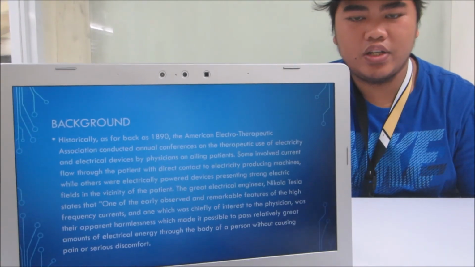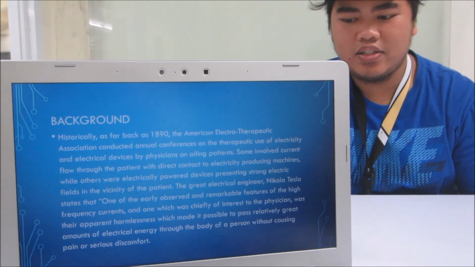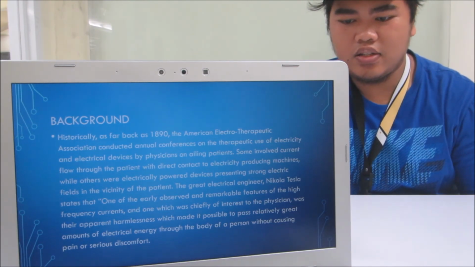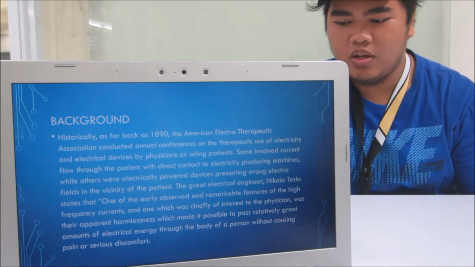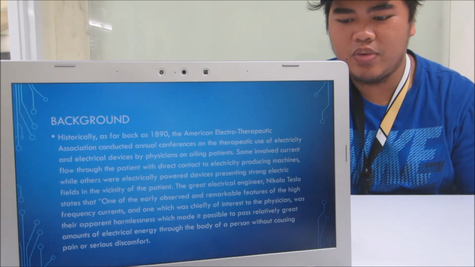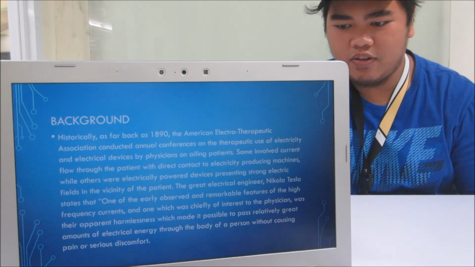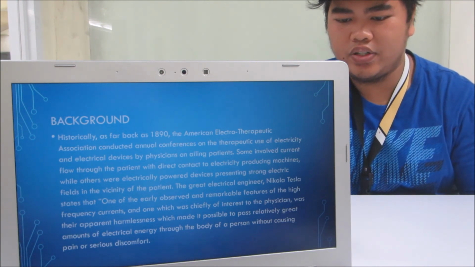The great electrical engineer Nikola Tesla states that one of the early observed and remarkable features of the high-frequency currents, one which was chiefly of interest to the physician, was their apparent harmlessness, which made it possible to pass relatively great amounts of electrical energy through the body of a person without causing pain or serious discomfort.